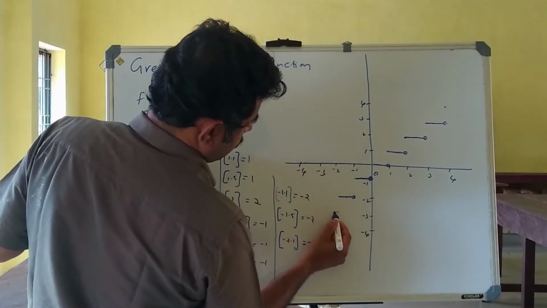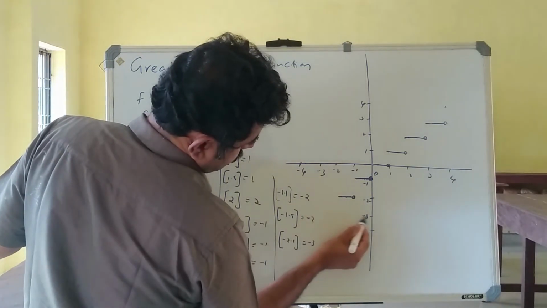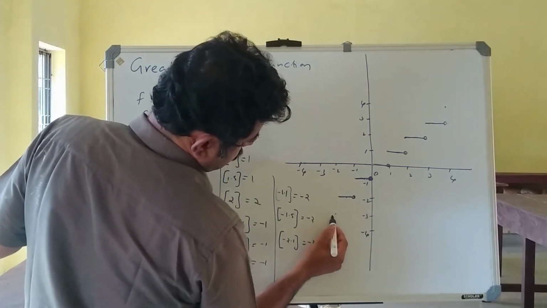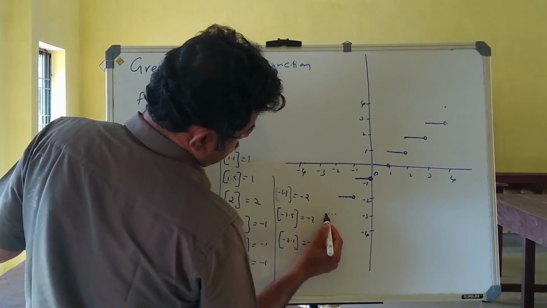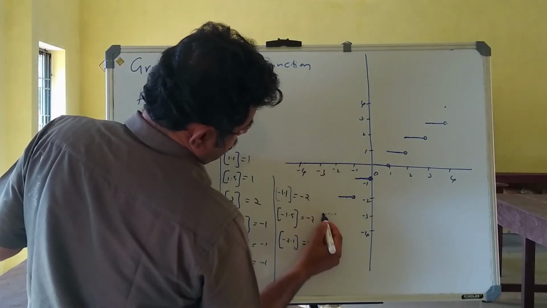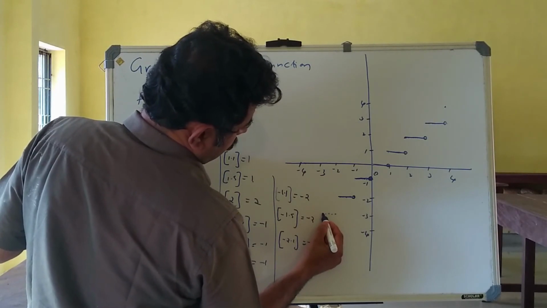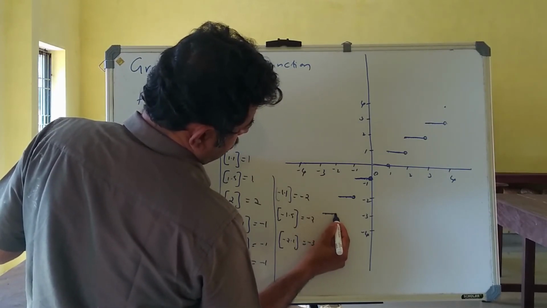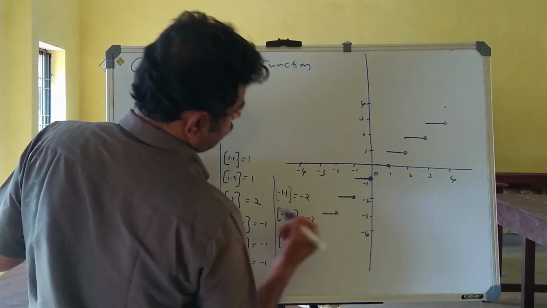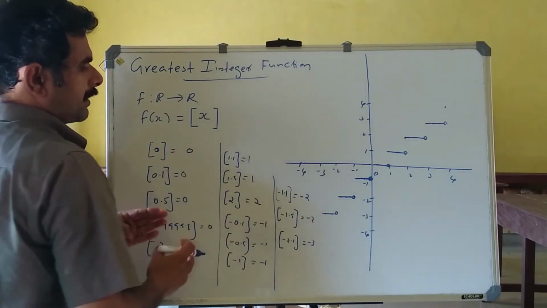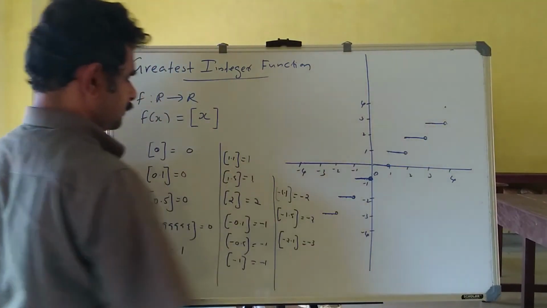Minus 2.2 here, minus 2.5 here, minus 2.9 here, isn't it? Minus 3, also minus 3, so we can draw here. But for minus 2, that is minus 2, so we can draw a small circle here. And so on. This can be continued for both sides.